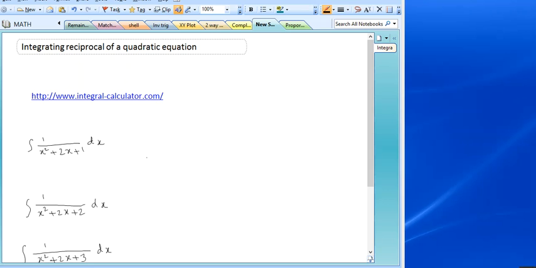There is also a nice little tool that you see the link that I showed there. We're going to use this to calculate our integrals. So we won't actually be solving them, but we will use this tool to solve it, and then we'll understand why we're getting different answers.